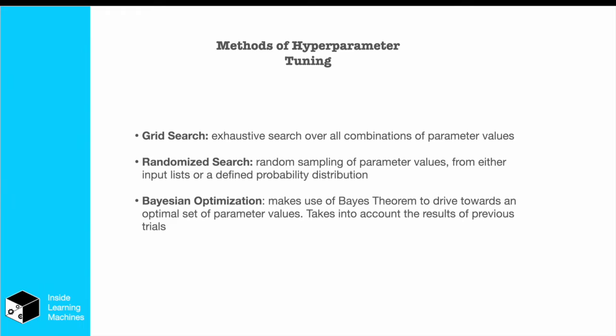Instead, Bayesian optimization takes into account the results from the previous iteration in the algorithm to inform what the next set of parameters to be tested out should be. And so in this case, we can actually arrive at good results in much less time. So this is a very attractive option in terms of finding an ideal set of hyperparameters in the shortest time possible.